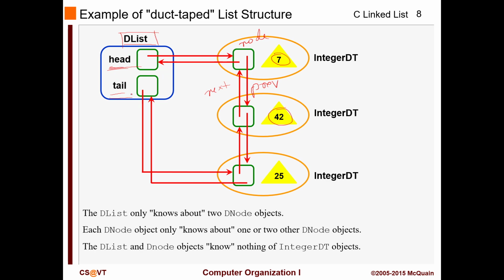And in the case of tail, tail only has a prev and it doesn't have any next. And this one has a previous which points to head, and a next which points to over here. Okay, the dlist and dnode objects know nothing about integer_dt objects because they are connected with node and not the integer_dt itself.